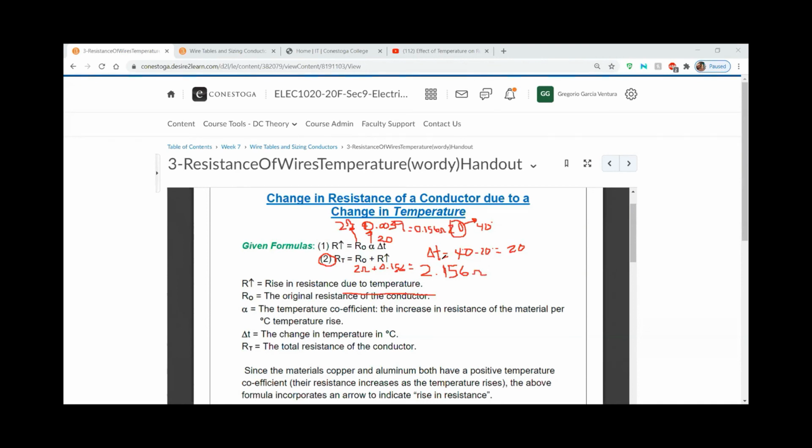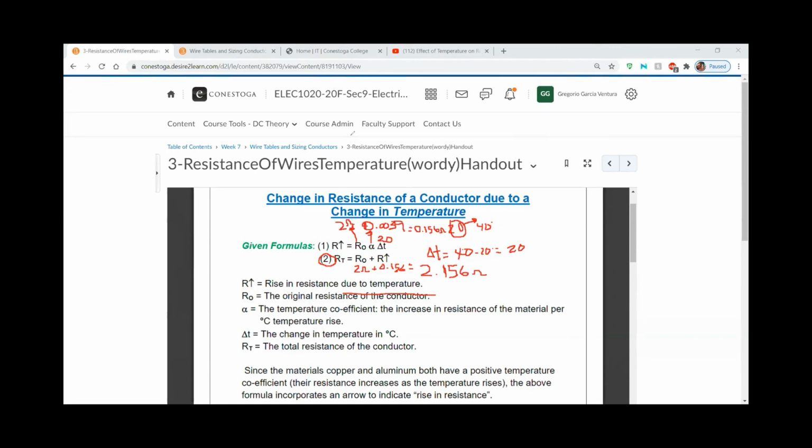And that's how you use these two formulas in order to determine the increase in resistance that you are going to experience whenever you have an increase in temperature. By the same token, of course, if the temperature decreases, then we're going to have less resistance.